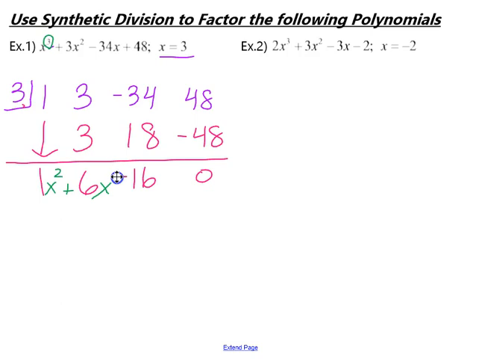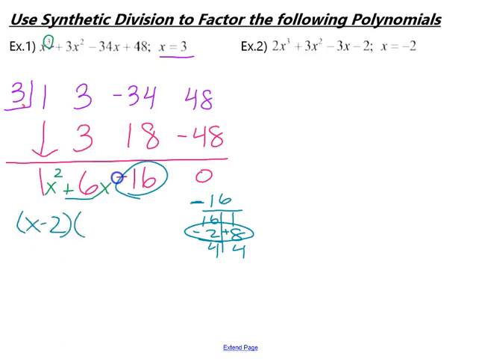So we're going to take the factors of negative 16, which are 16 and 1, 2 and 8, 4 and 4, and then figure out what adds up to positive 6 when one of the numbers is negative and one is positive. So we need a negative 2 and a positive 8. So we have x minus 2 and x plus 8.